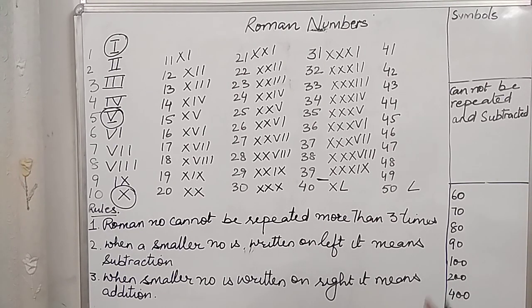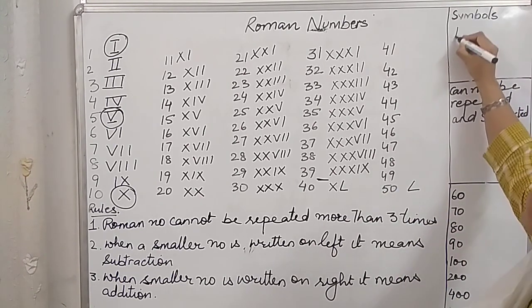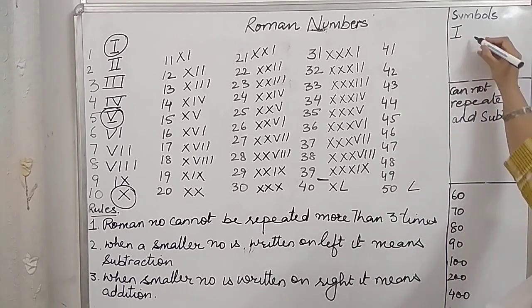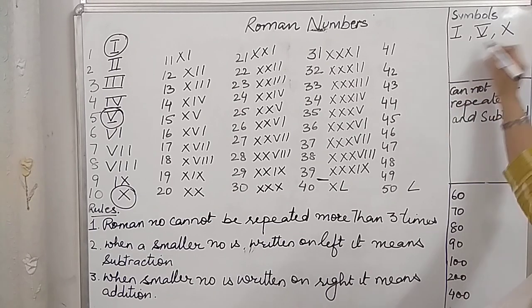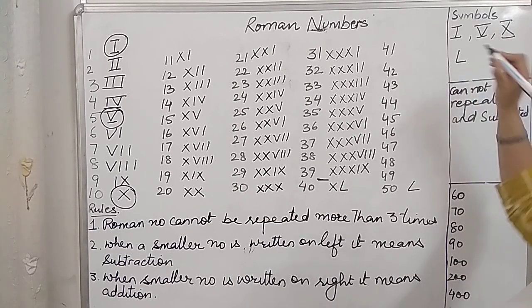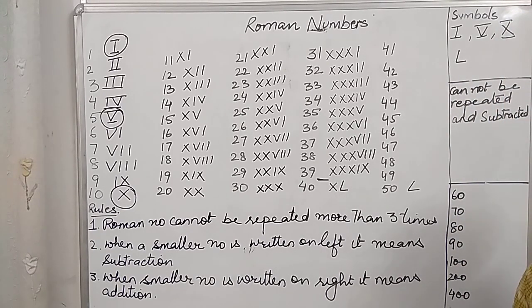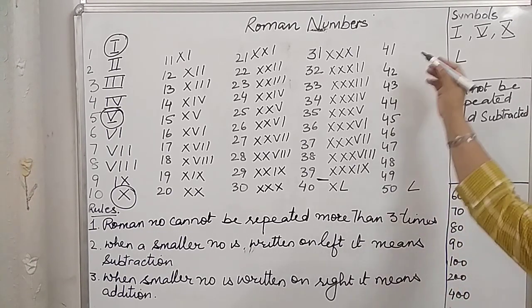Now, let's first count how many symbols we have used in total: 1, 2, 3 and 4. And you will be surprised that if we are to write counting up to 100, we need only one more symbol. Let's see.